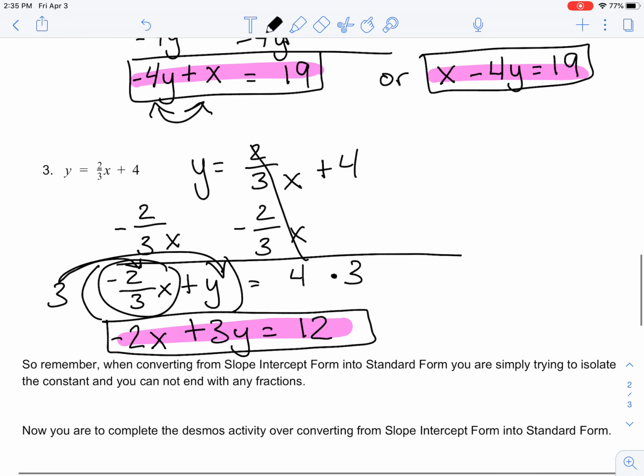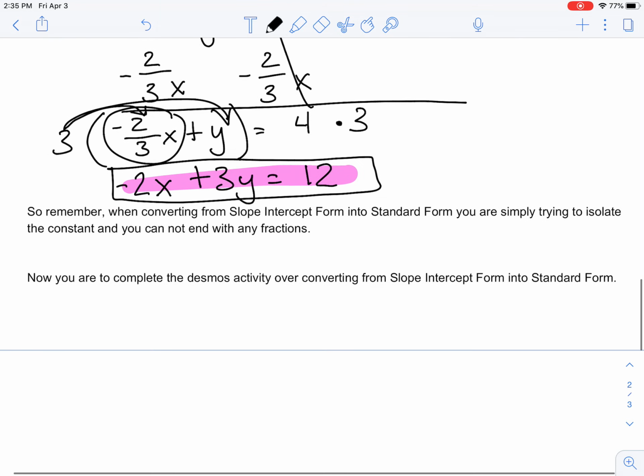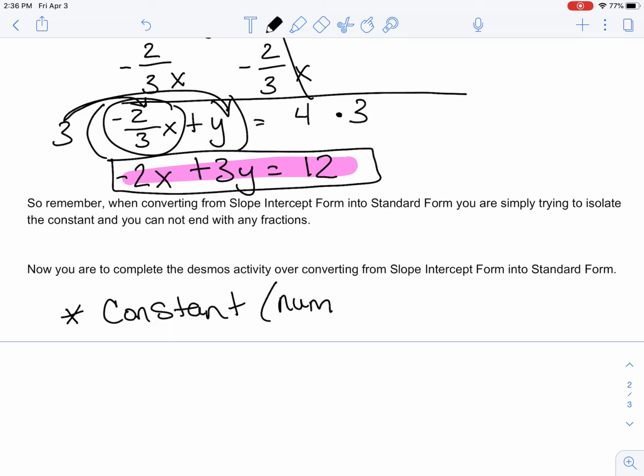Okay, so remember, when converting from slope-intercept form into standard form, you are simply trying to isolate the constant, and you cannot end with any fractions. There's a Desmos activity over converting from slope-intercept form into standard form, and I am just going to rewrite those key points. Constant, or like a number without a variable so you know what a constant is, by itself on one side.